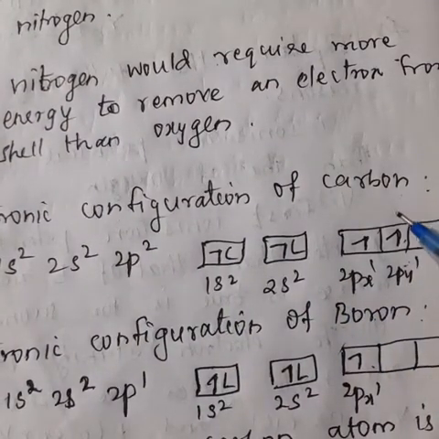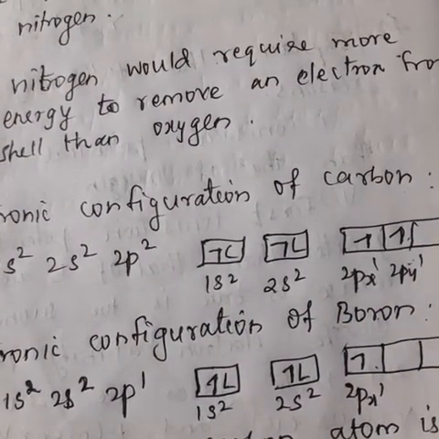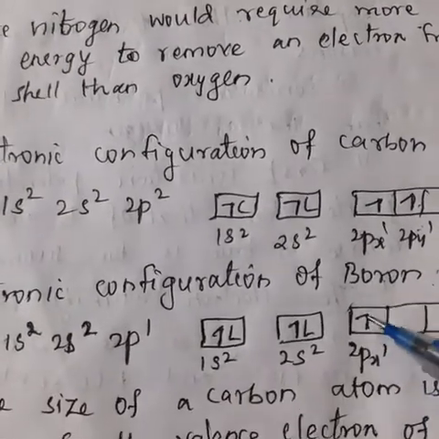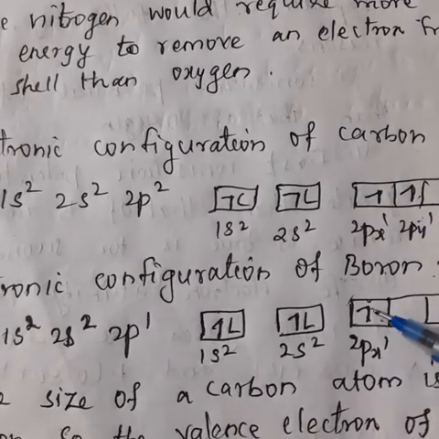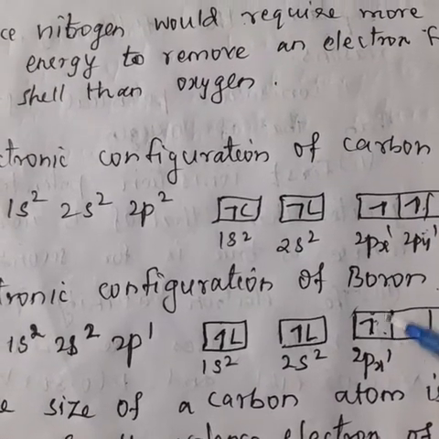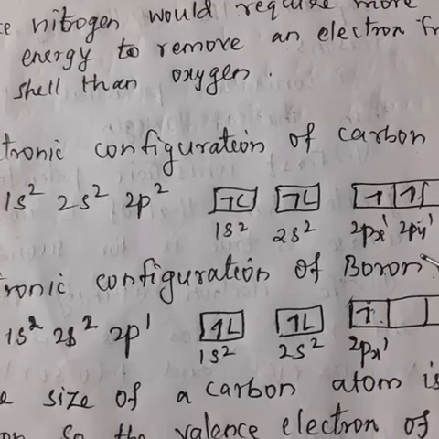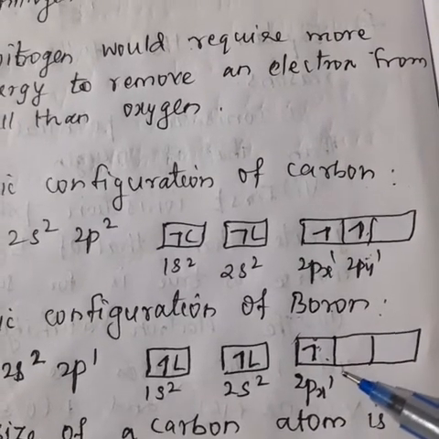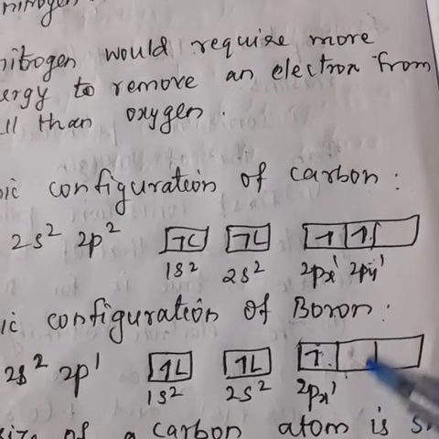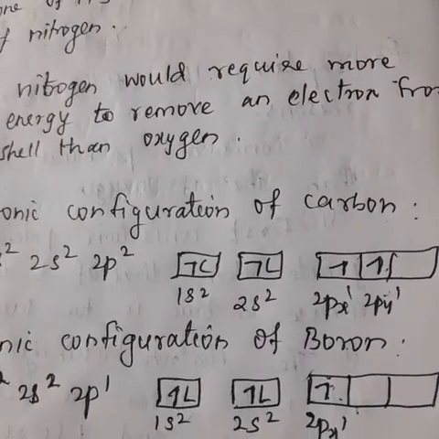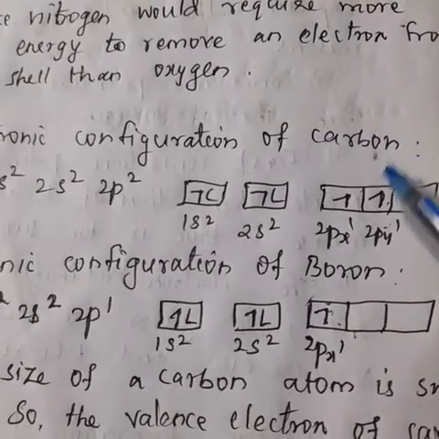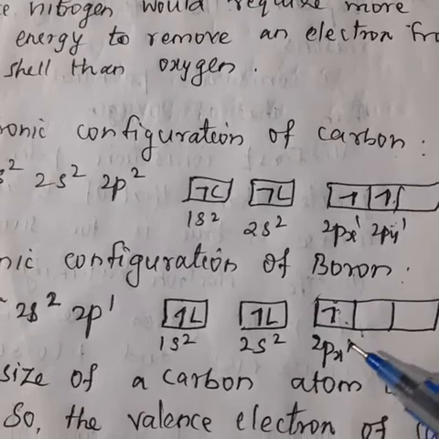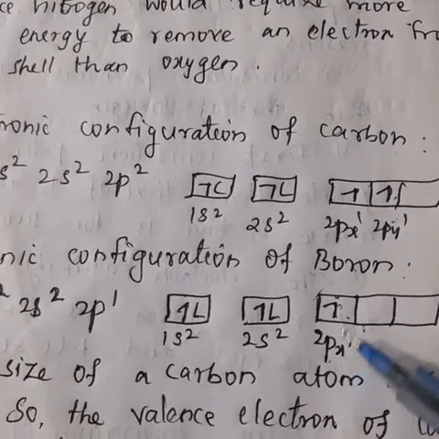But in the case of boron, it loses only one electron from the outermost 2px orbital, so it loses this one electron easily. This is the first energy. So the first energy of the carbon atom is higher when compared to boron, because boron has only one electron, we can easily remove it.